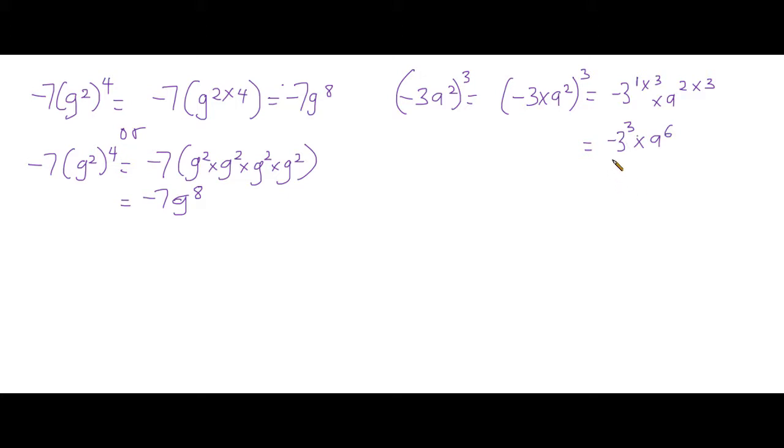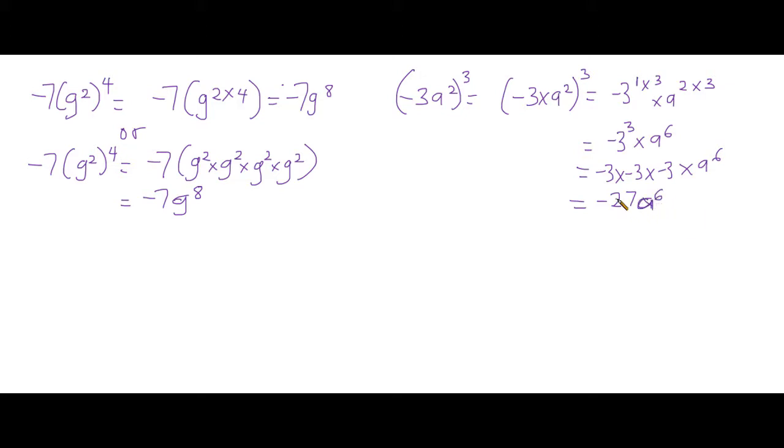This will be minus 3 multiplying itself in 3 places times a raised to the power of 6. Minus times minus, plus, times another minus, that will be minus, and 3 times 3 times 3 will be 27, or 3 raised to the power of 3. No need to write times, this will be a raised to the power of 6.